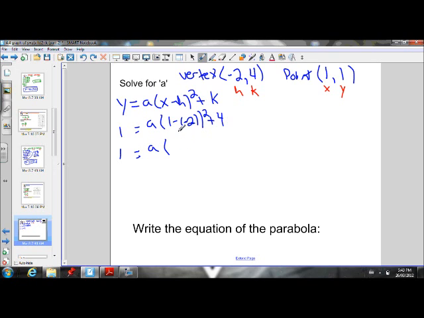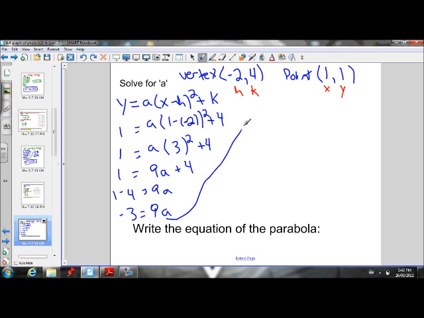1 minus -2 is 1 plus 2, so that's 3. We continue simplifying. We get 1 equals a times 3 squared, which is 9. So a times 9 is 9a, plus 4. Move the 4 to the other side. We get -3 is equal to 9a.